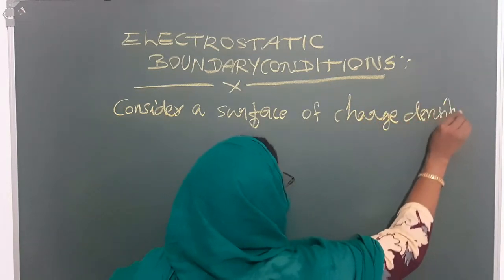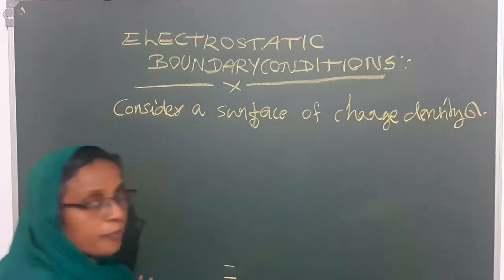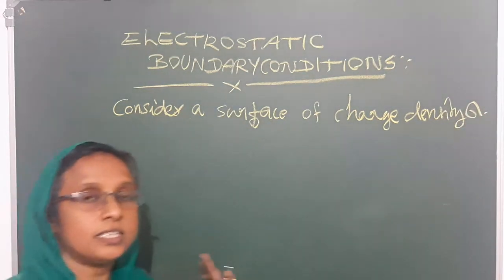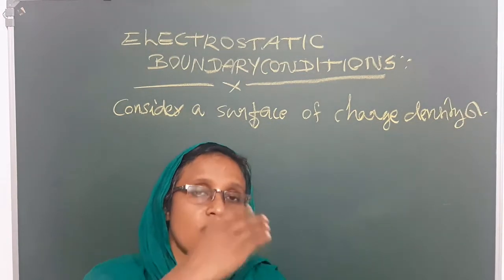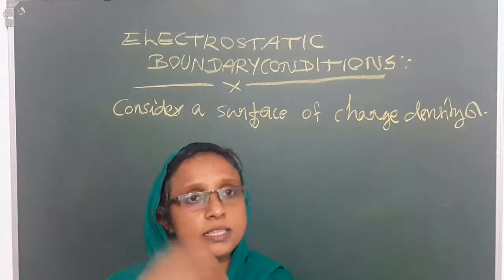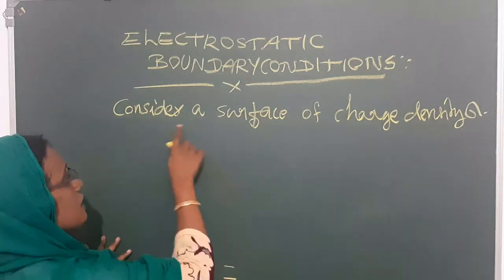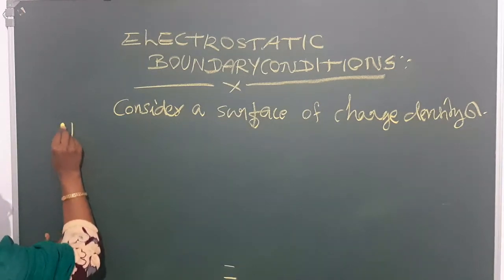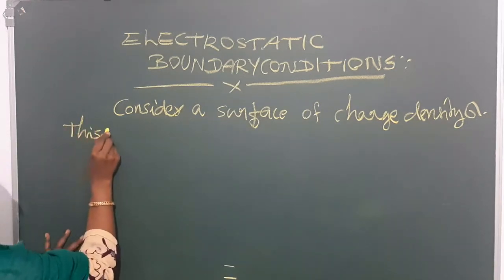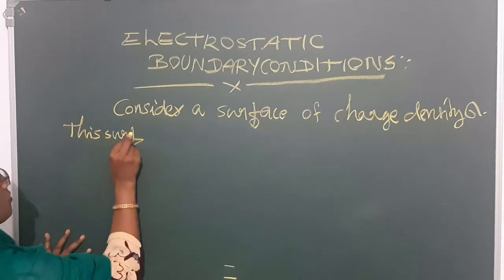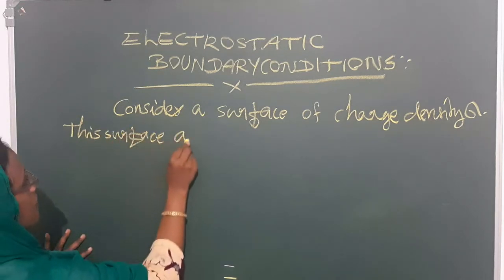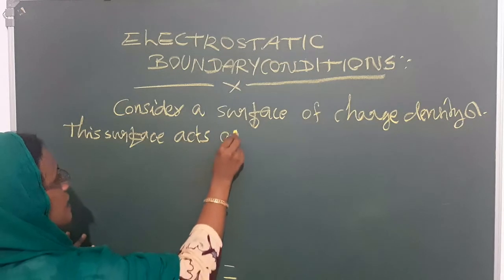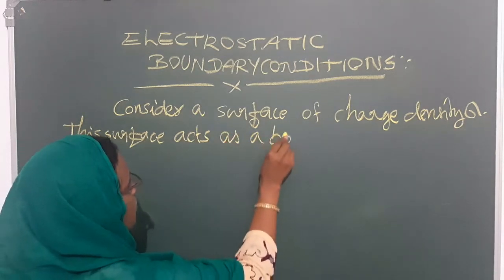The electric field travels from one side of the surface to the other. This surface is a boundary. The surface acts as a boundary.